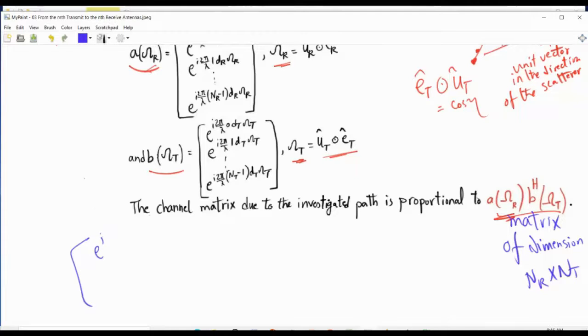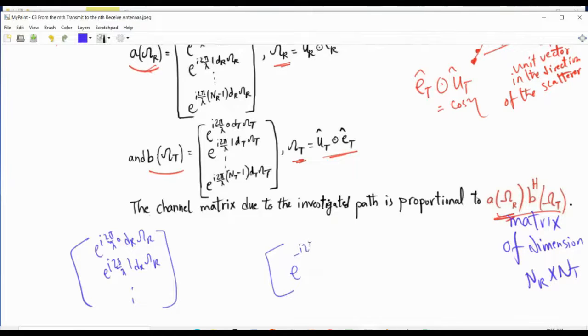So this is our vector A: e to the i 2 pi over lambda times 0 d_r omega_r, e to the i 2 pi over lambda times 1 d_r omega_r, and then the rest. For vector B, you take its Hermitian, so it is converted to a row vector, and then you take the complex conjugate.